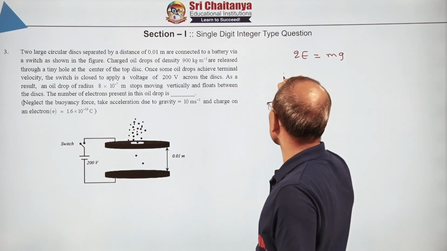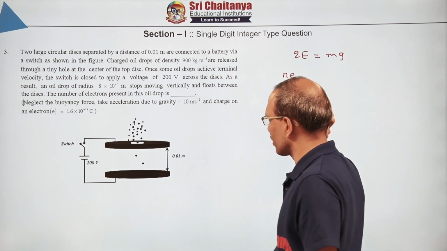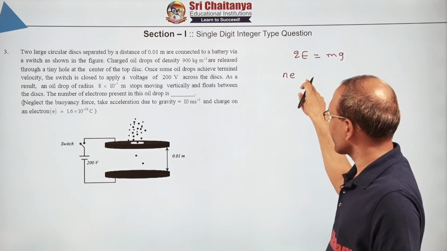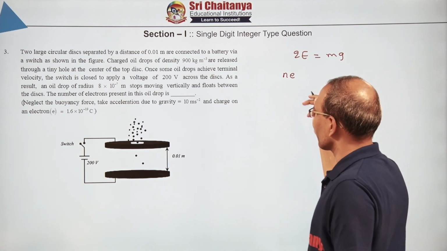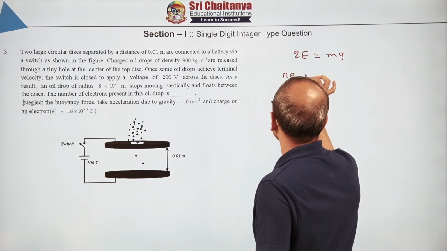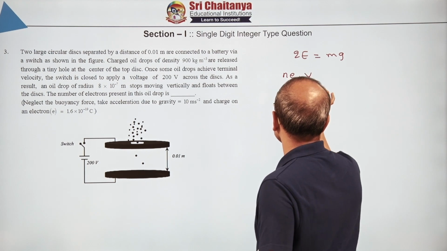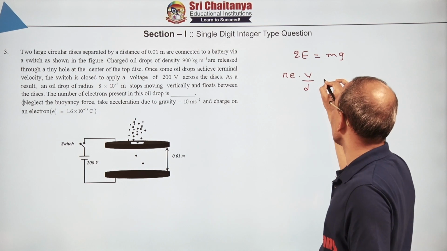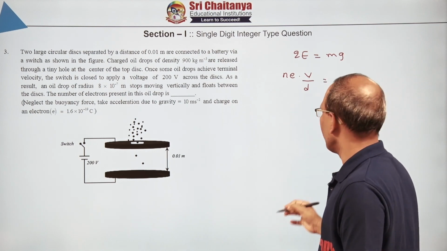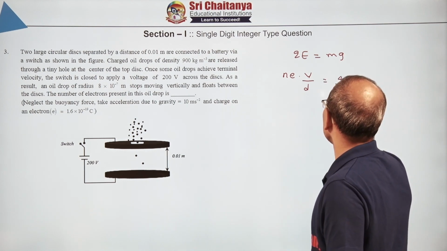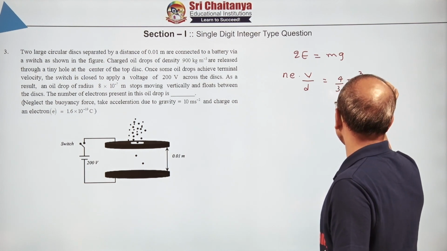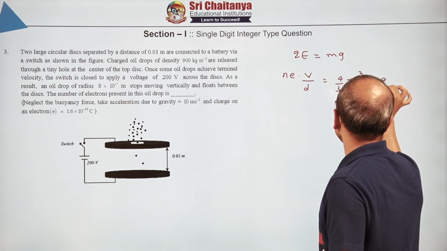Suppose there were n charged particles, each of charge electron e. So the total charge is Ne, and the electric field, potential difference by distance, between these two plates is equal to mg, which is nothing but 4 by 3 pi r cube, the volume, into density rho into g.